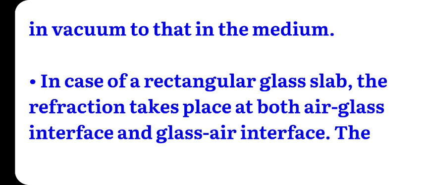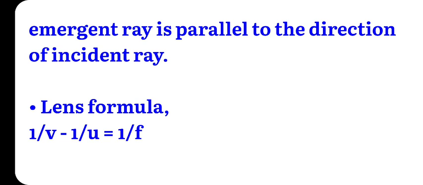In case of a rectangular glass slab, the refraction takes place at both the air-glass interface and the glass-air interface. The emergent ray is parallel to the direction of the incident ray.